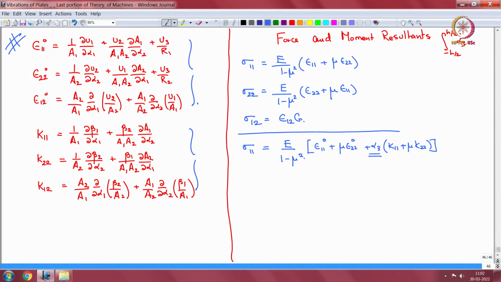Okay. So, now if we look at how sigma 1 1 comes up, okay, so we have this is alpha 1, this is what happened.